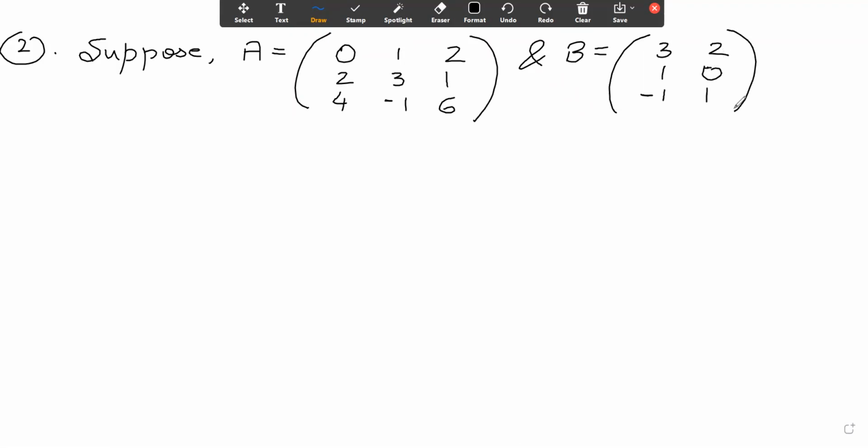The question now asks us, compute the product AB and is BA defined?